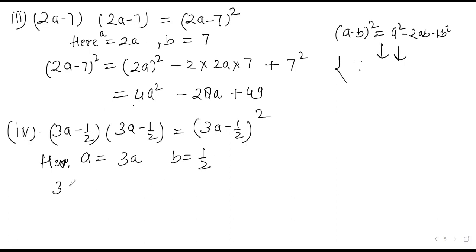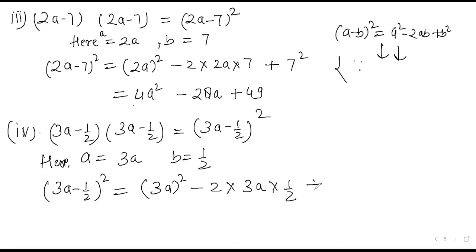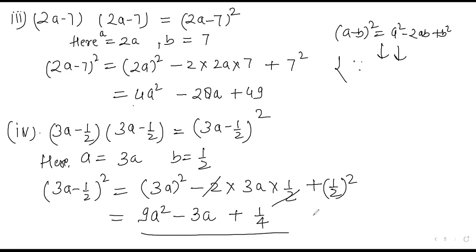So 3a minus 1 by 2 whole square is written as 3a square minus 2 into a means 3a, b means 1 upon 2, plus 1 by 2 square. So you will get 3a square means 3 square 9, a square. Look, 2 gets cancelled out. So it will be only 3a, right? Plus 1 upon 4. If you open this, 1 square is 1, 2 square is 4. So this is your answer of the fourth question of exercise 9.5, right?